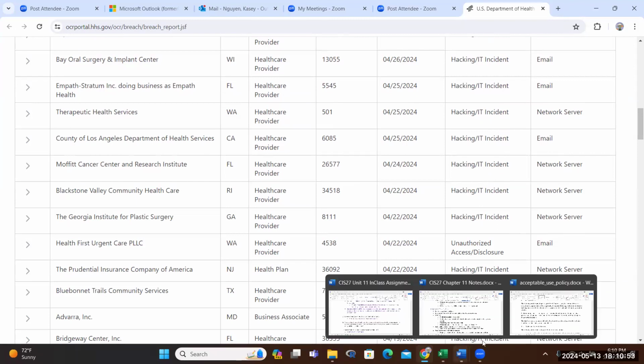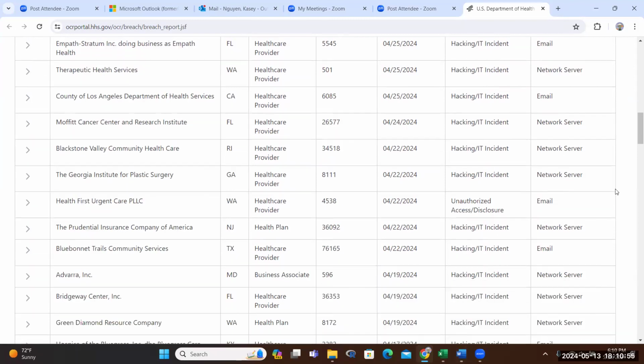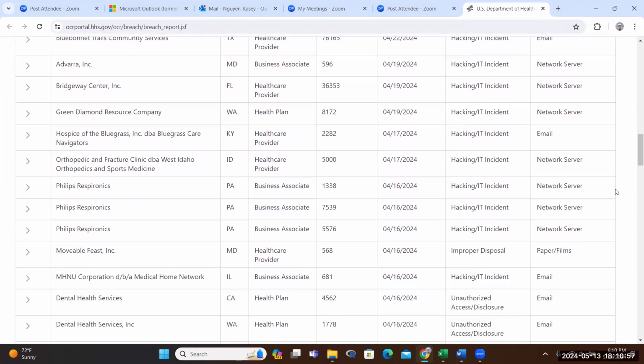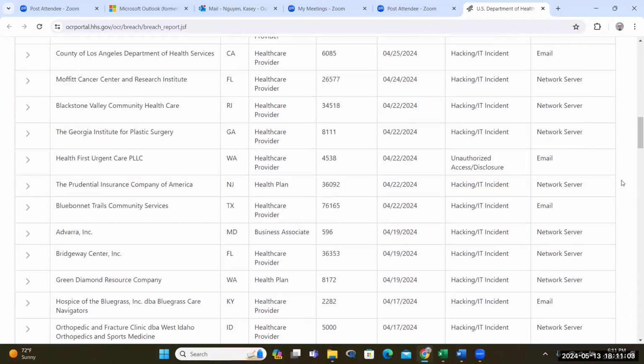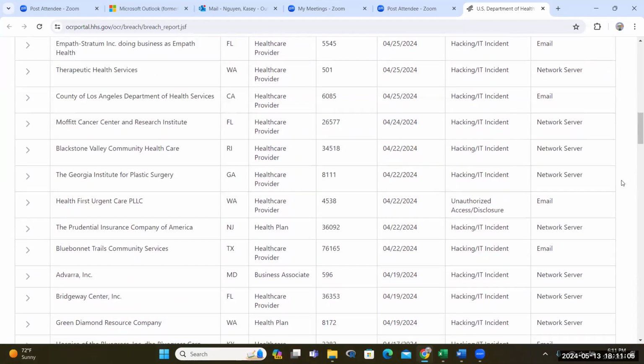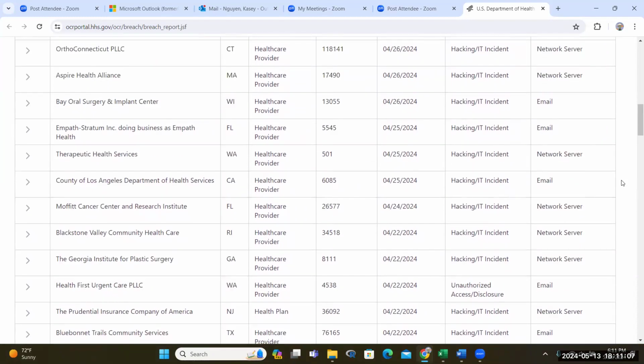The same thing like Kaiser. You can try to see if Kaiser appears on this list. This list goes all the way back many years. So these are different organizations, similar to Kaiser, or it could also be just the billing system. Sometimes the provider.